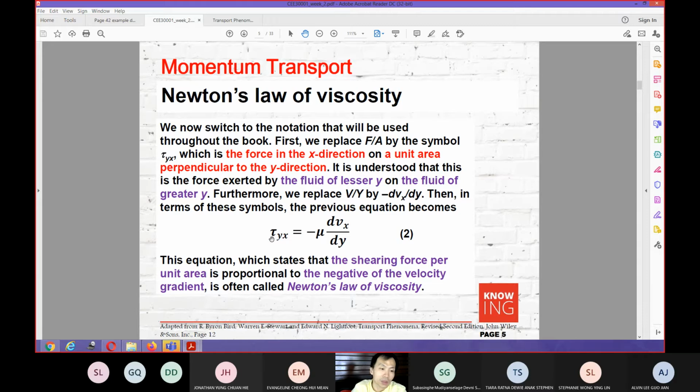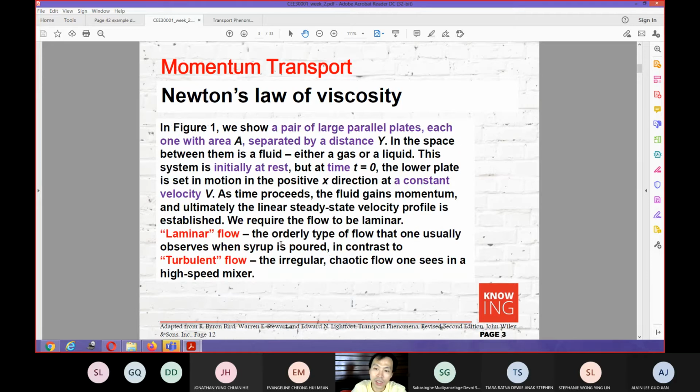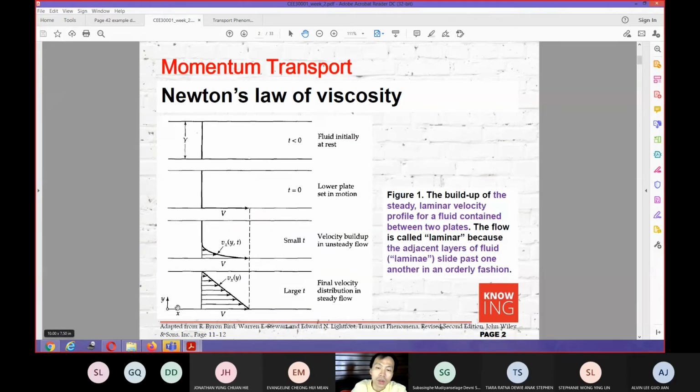So this can change whatever we want. We can replace this x with z. We can replace this x with y, for example, and then we can replace this y with x, or we can replace this y with z.